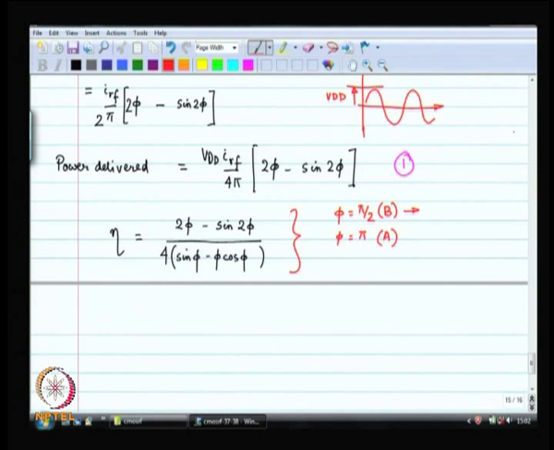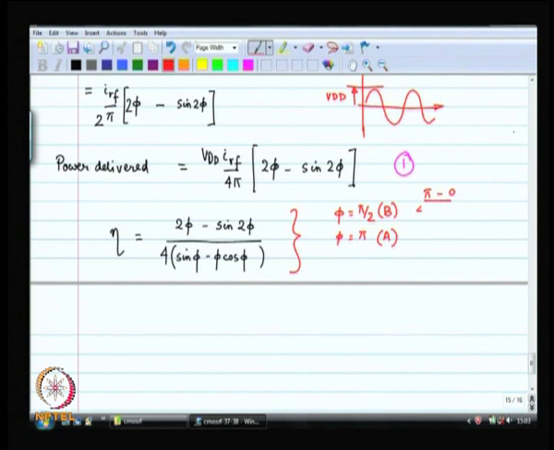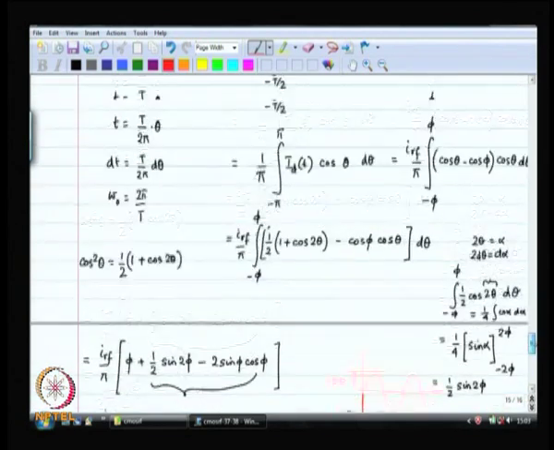So, twice pi by 2 is pi minus sine of pi, sine of 0 degrees is 0, sine of pi is also equal to 0, divided by 4 times sine of phi, sine of pi by 2 is 1, minus phi times cos of phi, pi by 2 times cos of pi by 2, that is equal to 0. Okay. So, this is the same result as before.